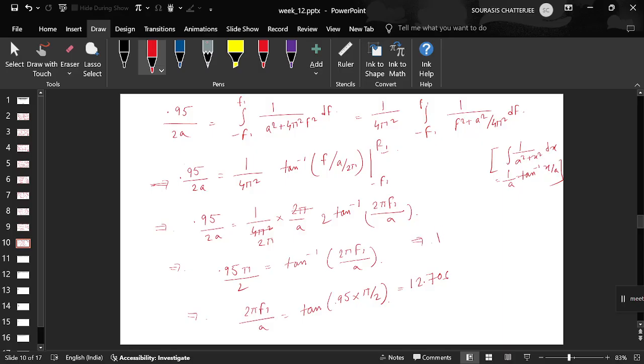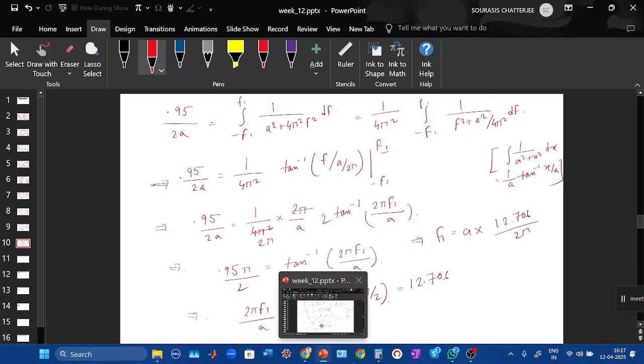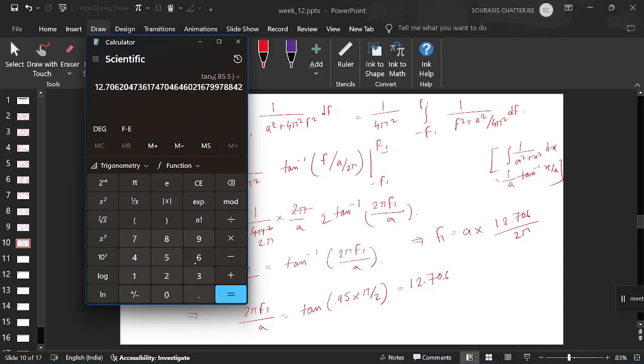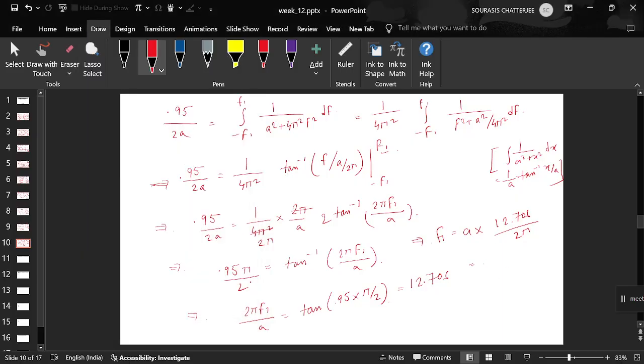So from this we get f1 is equal to A times 12.706 divided by 2 pi. It's 2.02 A. So the f1 value we are looking for is 2.02 A.